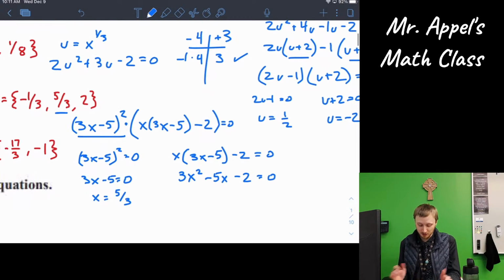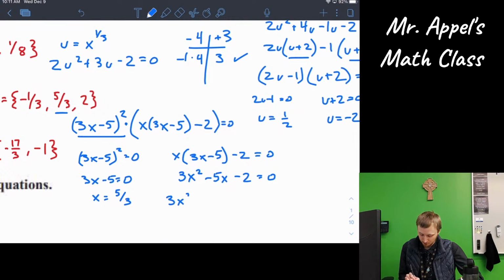Now can we factor this properly? Let's see, can we think of a number? 3 times negative 2 is negative 6. Two numbers that multiply to negative 6 and add to negative 5. Well, anytime you have results like that that are 1 away, the answer is always yes.